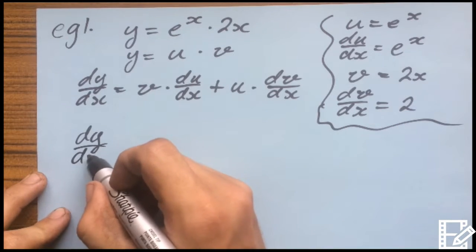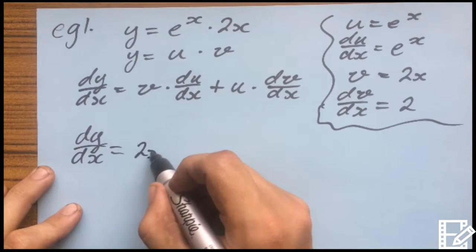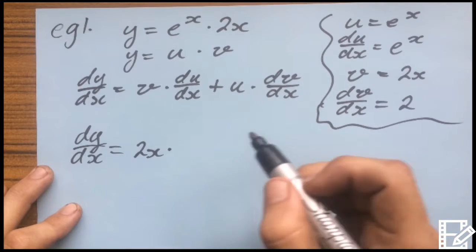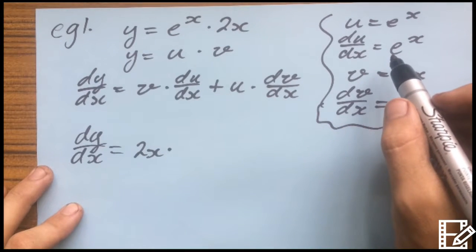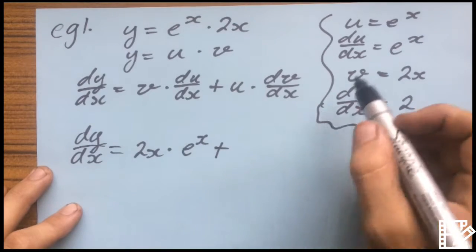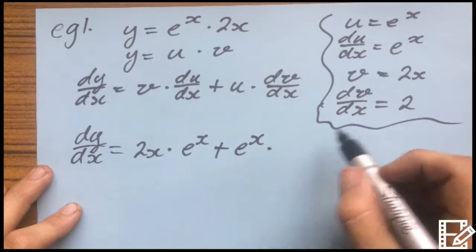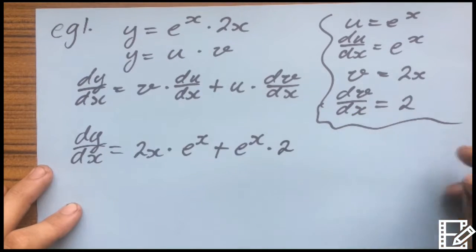So dy/dx, sub in v, 2x, multiply that by the derivative of u with respect to x, e^x, plus u, which is e^x, multiplied by the derivative of v with respect to x, which is 2.